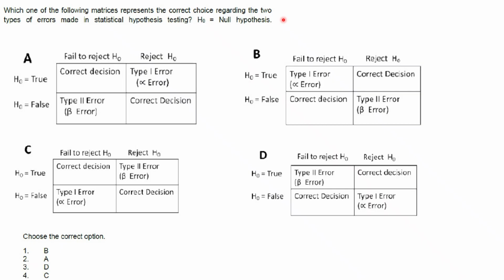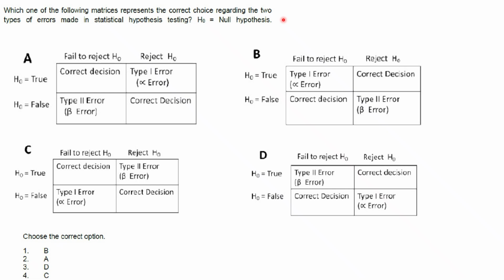So what it states, if you have isolated a new drug and you want to see whether it is having some effect on the blood pressure, your null hypothesis will be no effect at all, negative, everything negative. So null hypothesis: the drug is having no effect on the blood pressure.